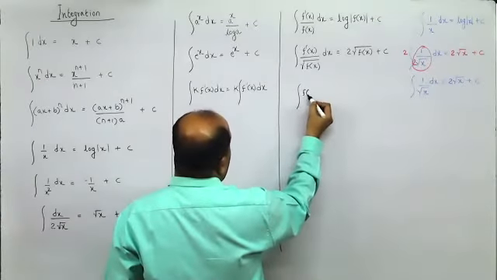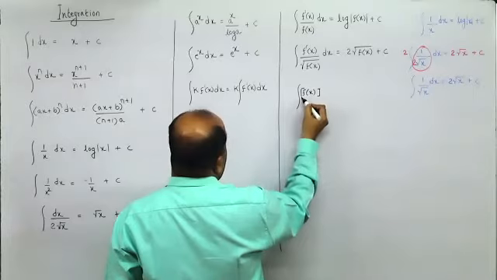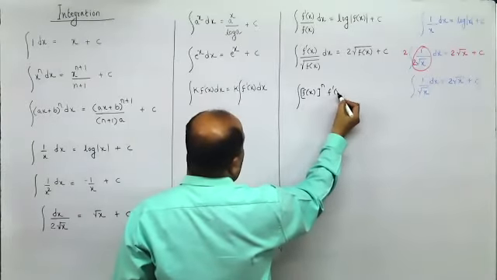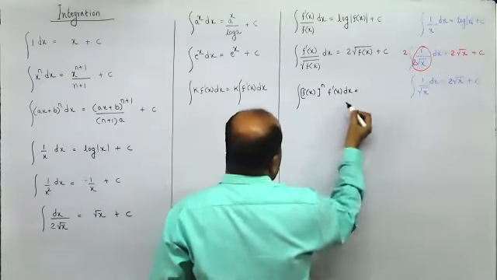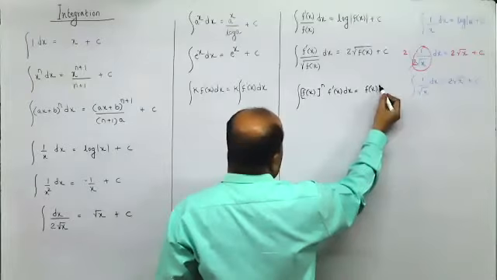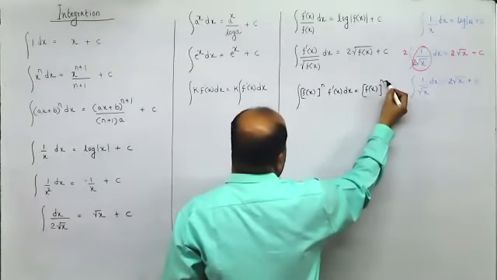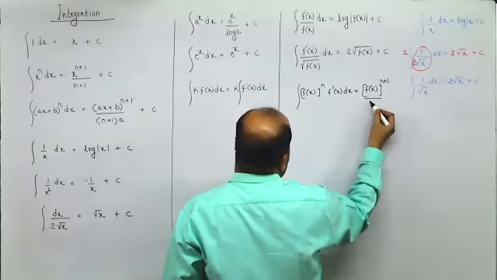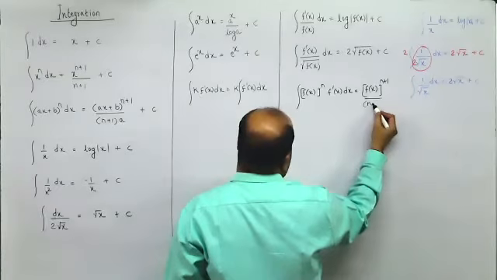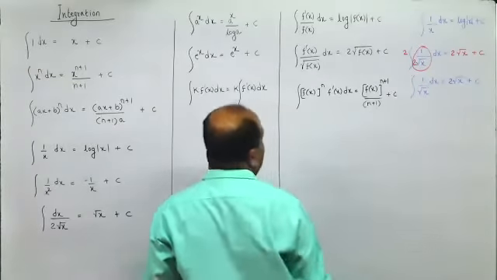Next, if you have f of x raised to n and besides it you have its derivative, then this would be f of x raised to n plus 1 upon n plus 1 plus c.